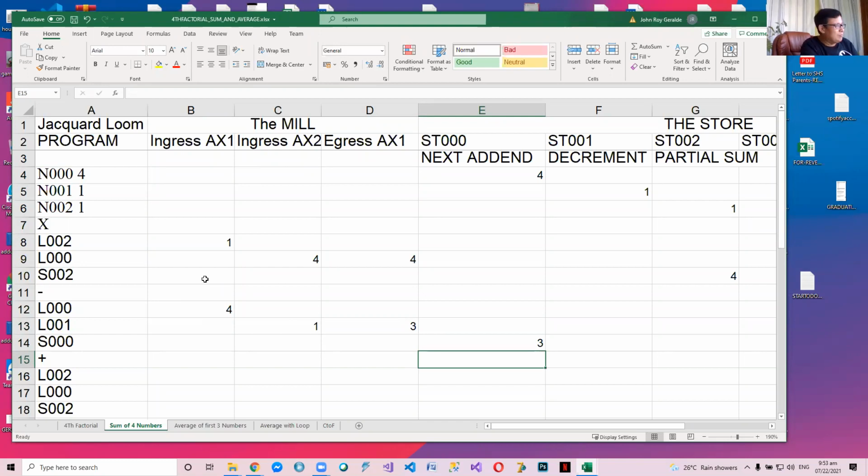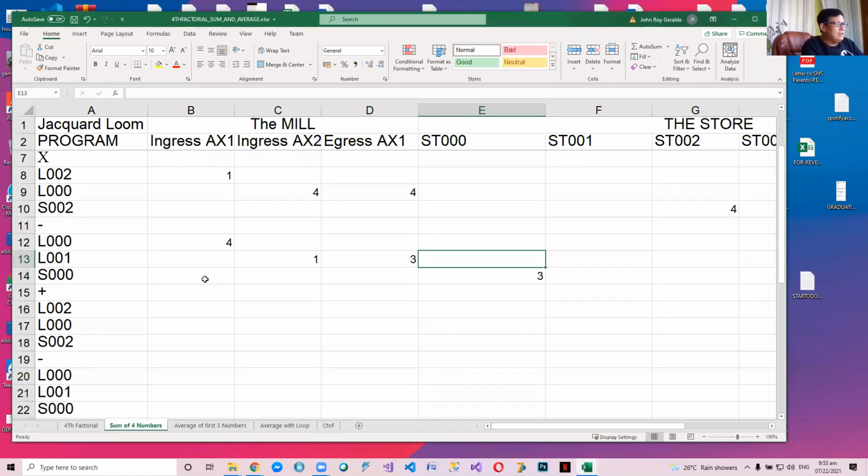We're tracing a program here. Now the next is to compute the next sum. The next sum is the partial sum, which is 4, plus the current addend, which is 3. Do you follow? So we have a plus, L002, which is our partial sum, which is 4, and L000, which is our next addend.